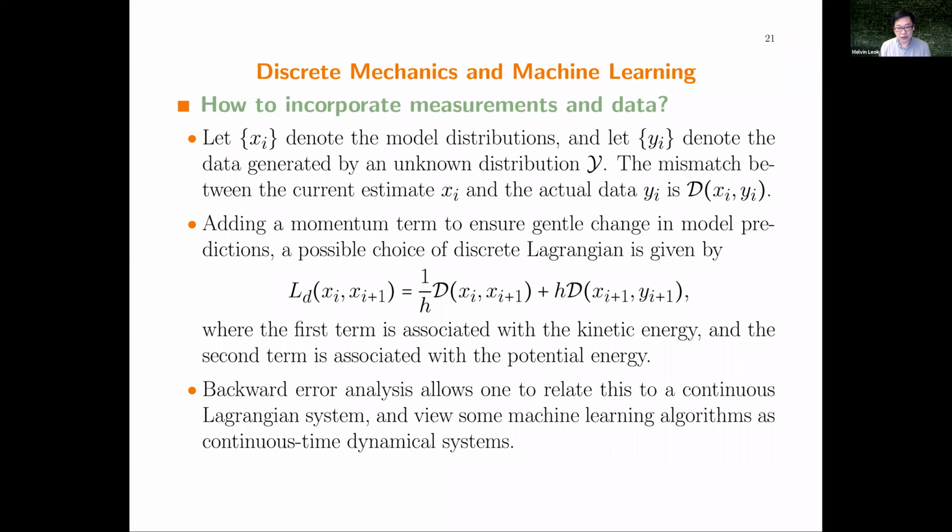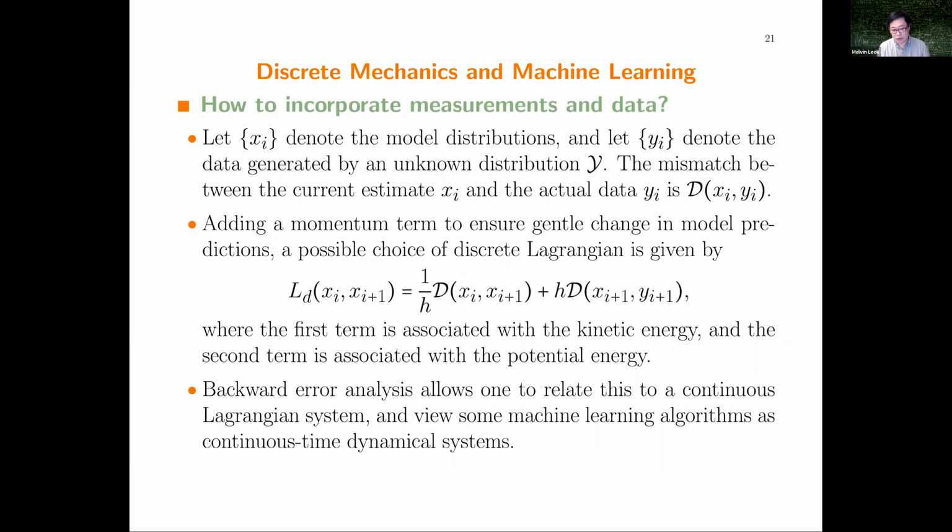And the next part has to do with optimization. Let me again say why it's important and why it's natural to think about this in the context of learning. It's fairly clear, even in what we talked about so far, that many learning algorithms can be viewed as optimization problems, where you're trying to find some distinguished element of a space of candidate models which minimizes the loss or the mismatch with the data.